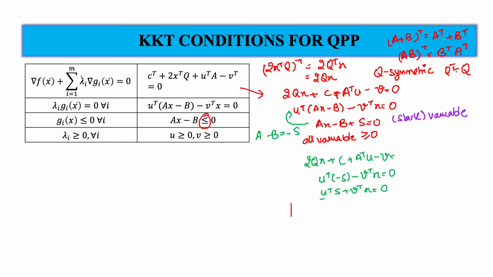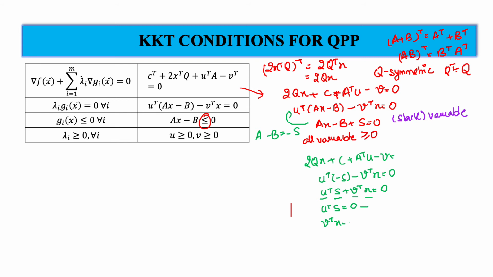Since u is positive, s is positive, v transpose is positive, and even x is positive, a sum of positive quantities is 0 only if both of them are 0. So u transpose s is 0 and v transpose x is 0.